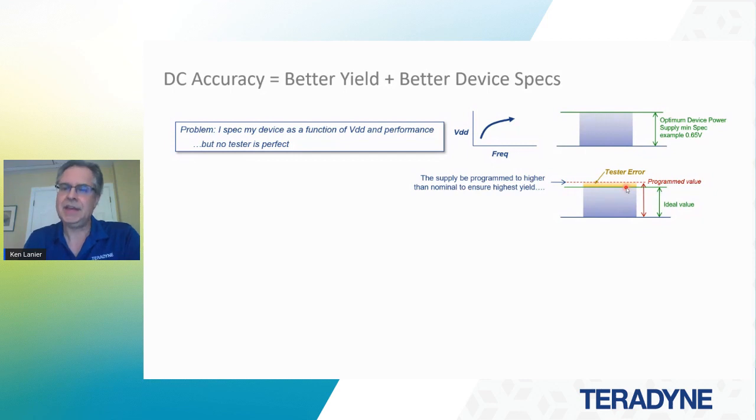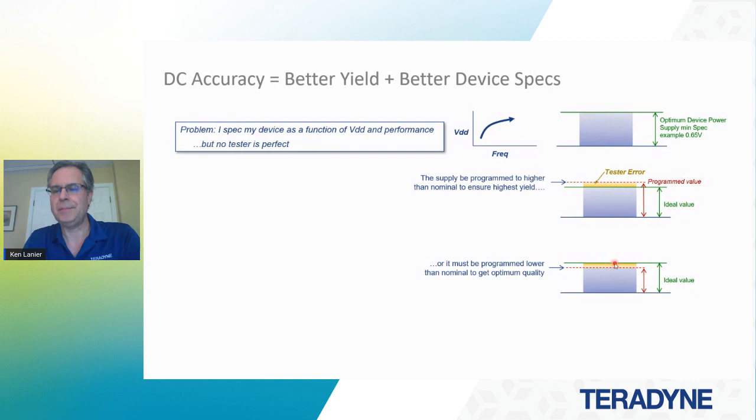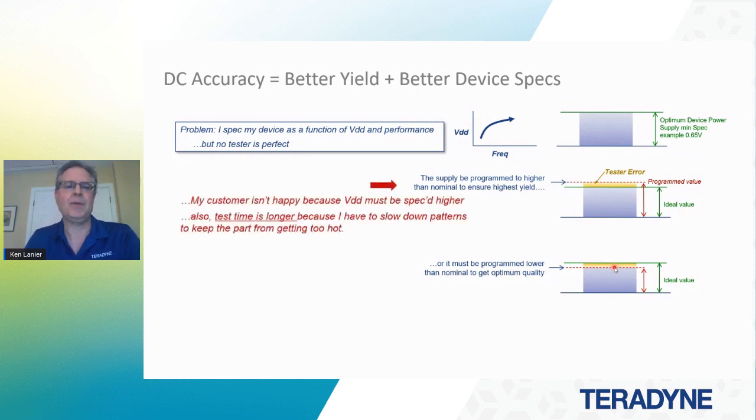The other thing you can do is set the power supply to the nominal voltage and expect that it's actually going to end up being at a lower voltage, potentially, on some testers. If you do that, then you can sell the device and say, hey, it works at the nominal voltage. But as it turns out, if you get a tester where the power supply error is large, you may start losing yield. So you really can't win. In the first case, I have to sell the part and say the VDD has to be higher.